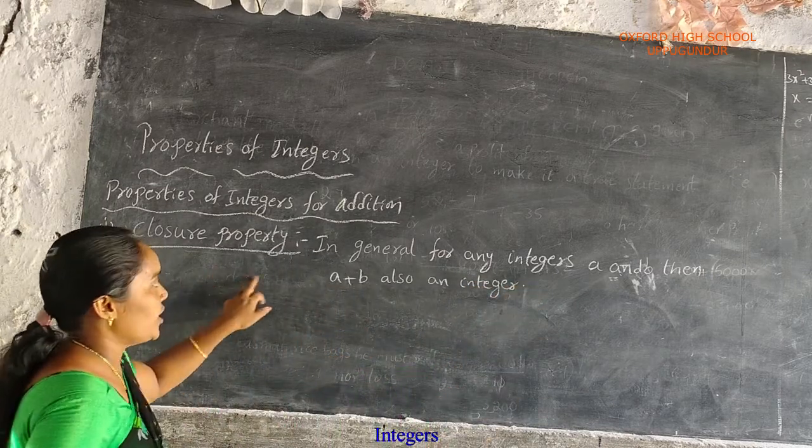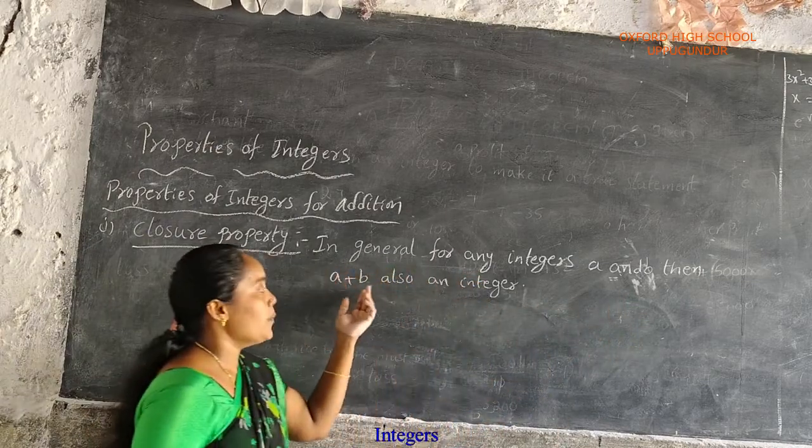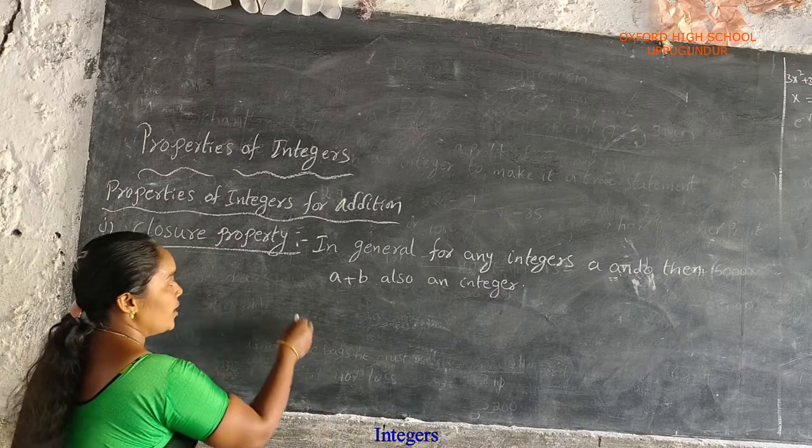See, closure property. In general, for any integers a and b, a plus b is also an integer.